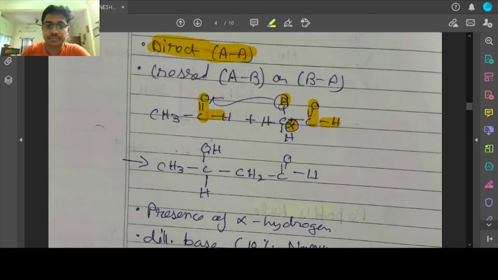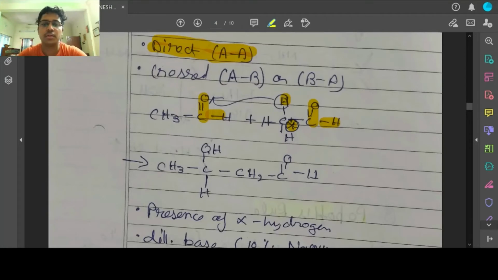So one of the alpha hydrogens goes and reacts with this oxygen, making this oxygen an OH group. Done. This hydrogen remains intact, and one bond is formed between these two carbons: the alpha carbon of the previous compound with the carbon of the other compound.